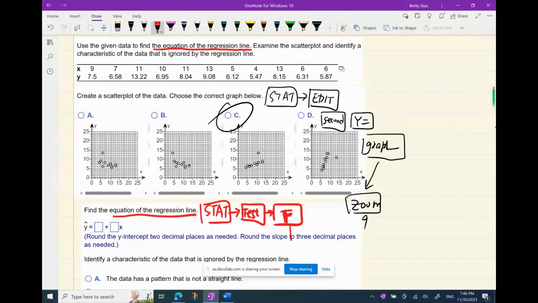We used that last time, right? The same function to figure out what is r, the linear correlation coefficient. Same thing, same one. And X list is L1, Y list is L2.